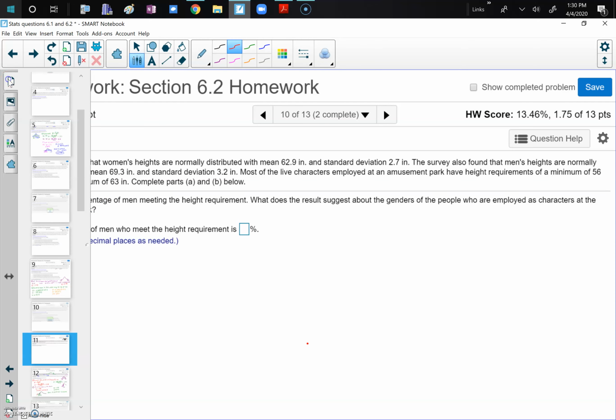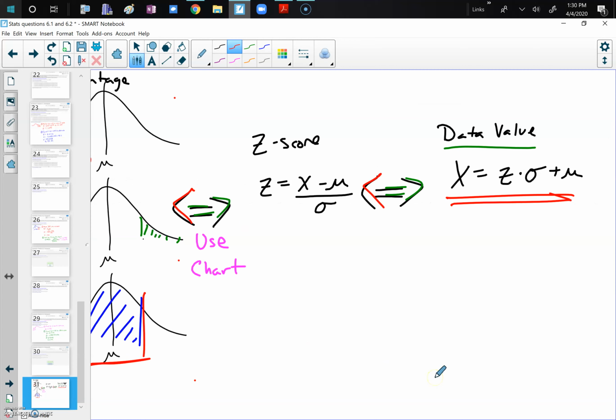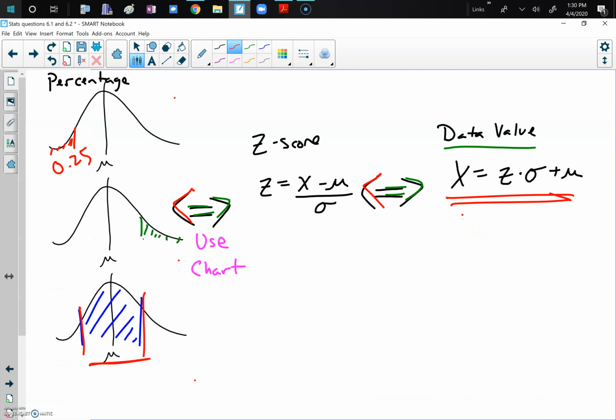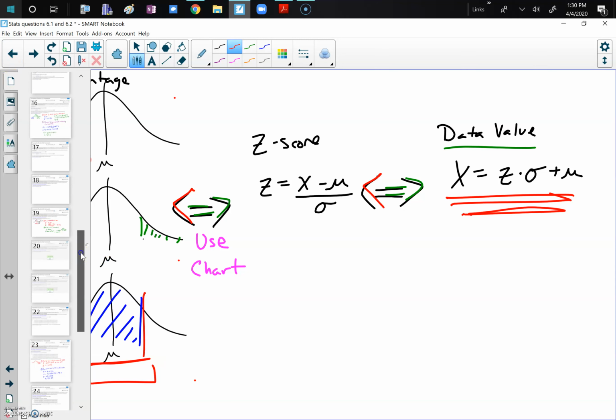So in this instance, we get to finally go the other way in our graphic. So they gave us two data values, to represent an upper and lower value. We're going to calculate the two z-scores for those given data values, and we'll use the chart to find the percentage to create essentially what this scenario is. Right? What percentage falls in between those two data values.